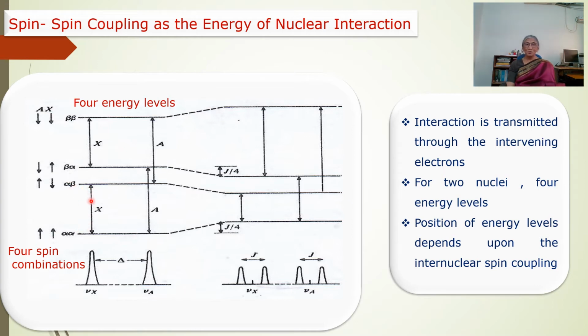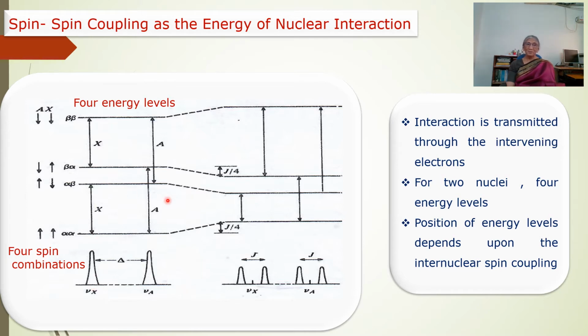So this is the resonance energy for X. Similarly, another energy separation between beta alpha and beta beta also shows the resonance energy of X. The two resonance energies for X are identical. Therefore, X nuclei shows the absorption once and there will be a singlet for X nuclei.